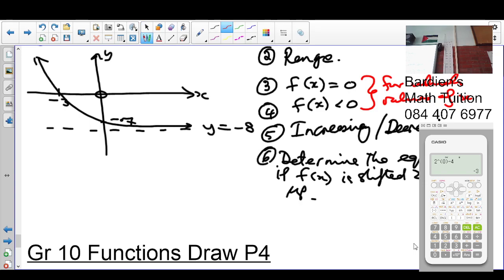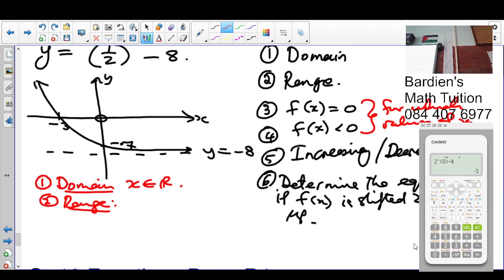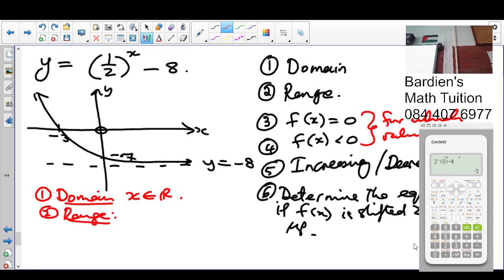Number 1, domain. Okay, what do you do for domain? All possible x values. So x is an element of the real numbers. Range: all possible y values. Okay. So what is it? Does this graph exist at negative infinity on your y? It's from negative 8 onwards. So y must be greater than negative 8. Number 3. Where is f of x equal to 0?